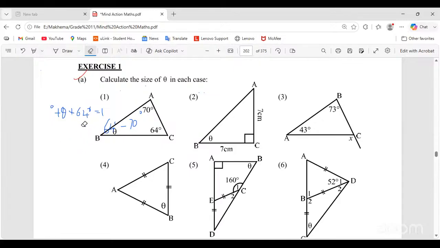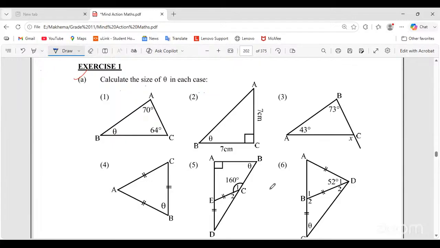A right-angled triangle is a triangle that has an angle that is a right angle. What is a right angle? A right angle is an angle that is exactly equal to 90 degrees, and it is always denoted by this square. So this square denotes that this angle is a right angle.